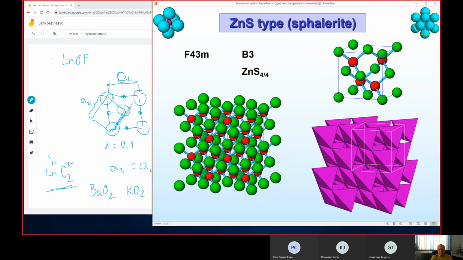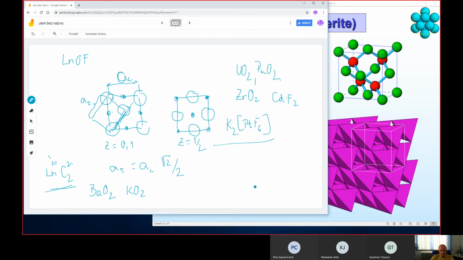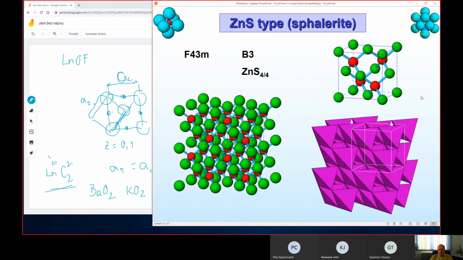Okay. Now the sphalerite, or in English it is rather zinc blende structure, zinc blende. We have only 1/2 of tetrahedral positions occupied, like here. So 2 atoms in one layer on one face diagonal, and the other 2 atoms in the next layer on the other face diagonal.